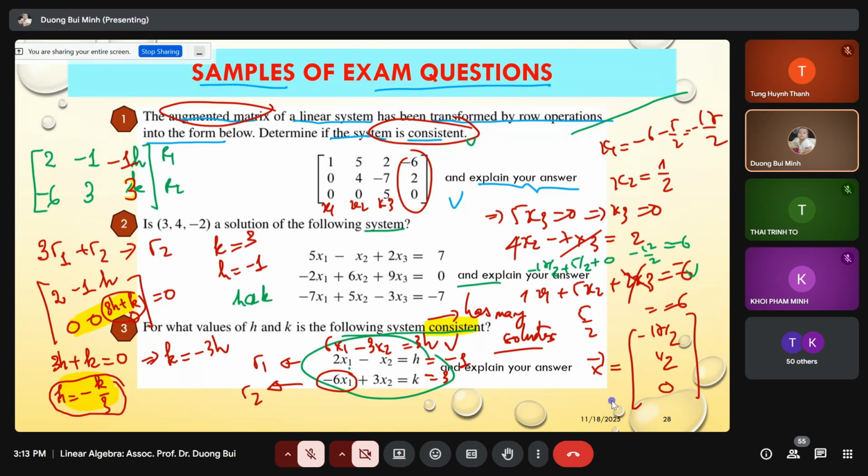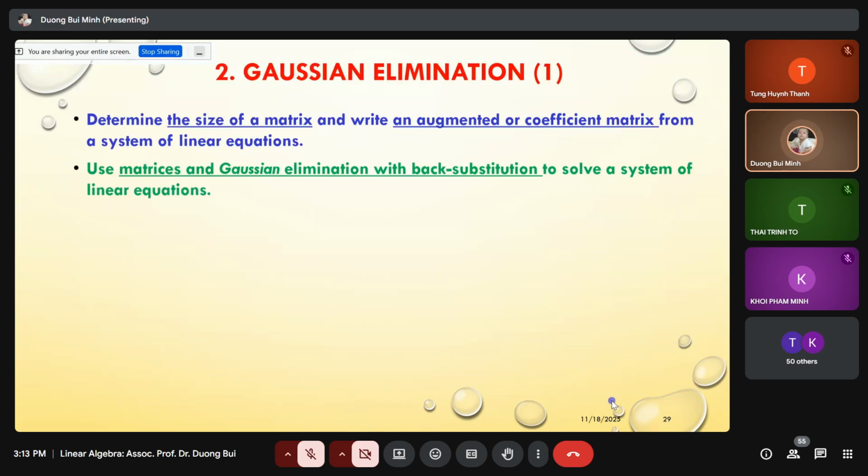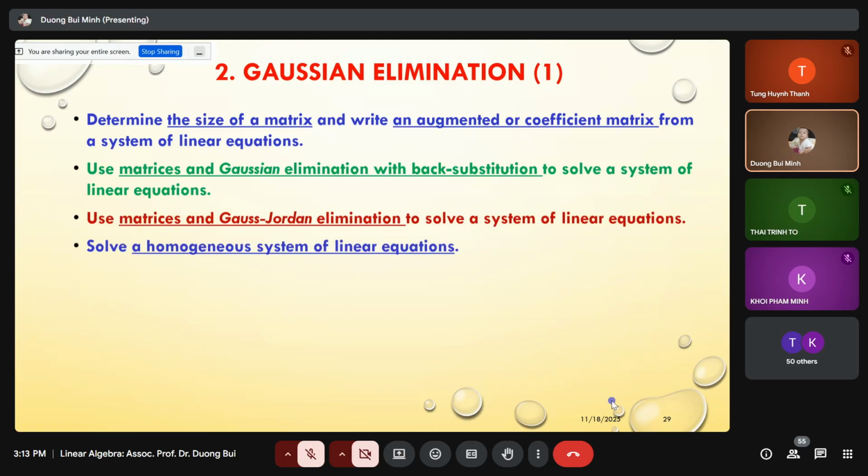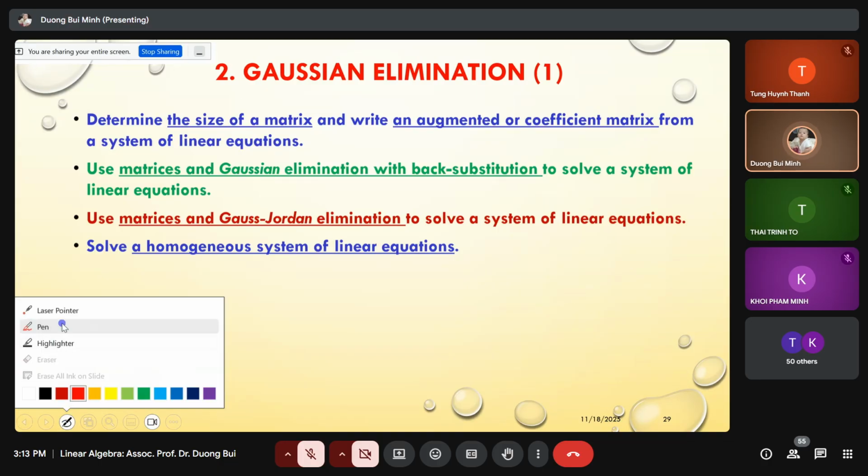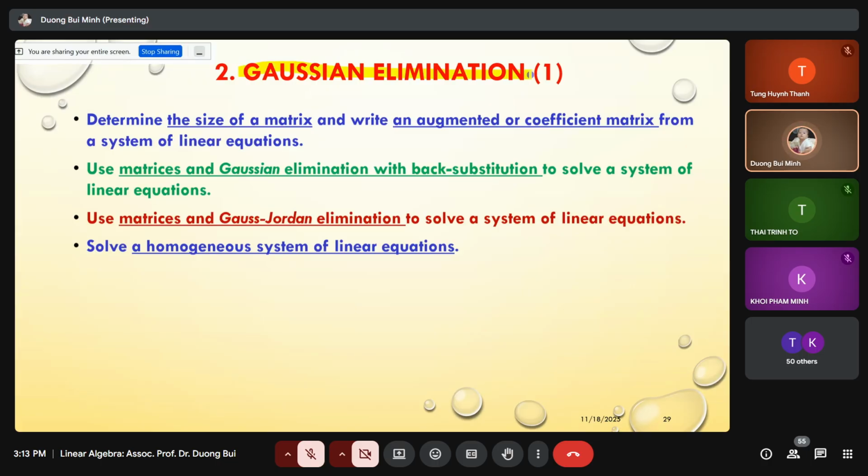Okay, continue. Now we talk about Gaussian elimination. We use Gaussian elimination to get the row echelon form.